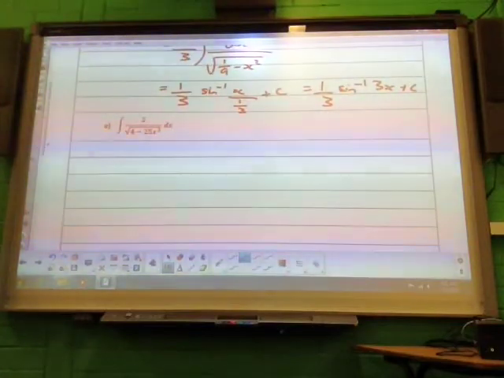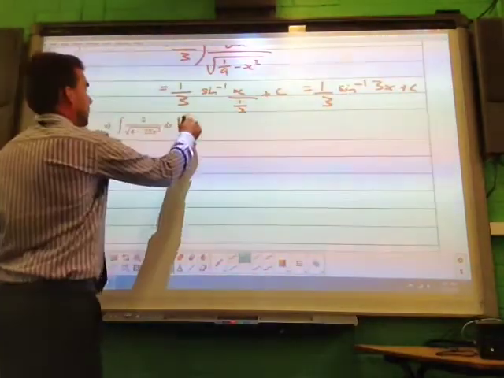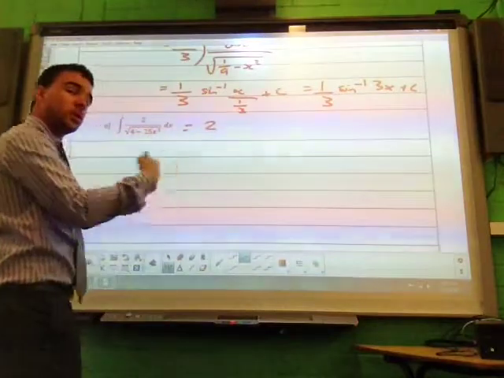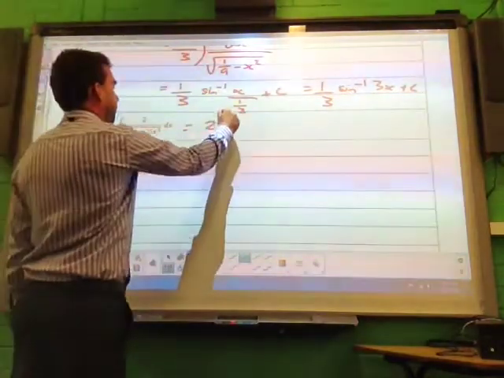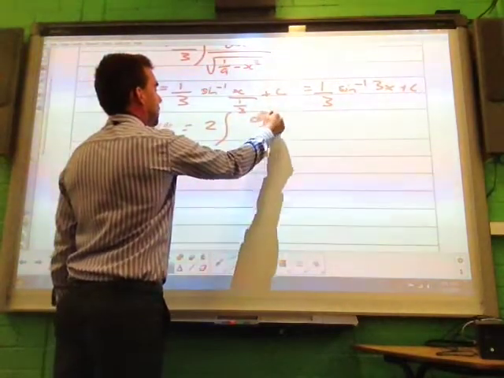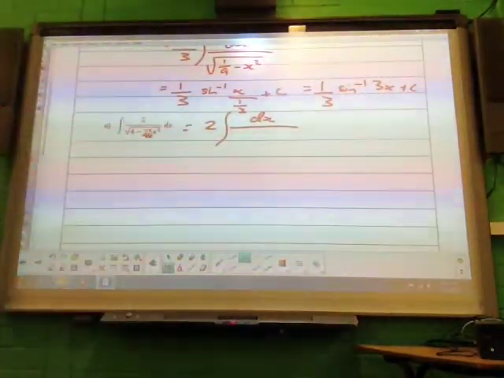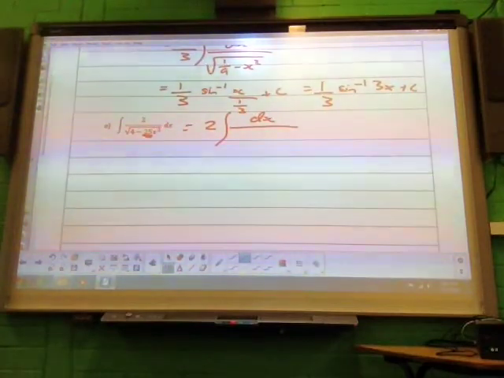Right, e. I've got the square root, so I'm looking at either my sine or cos inverse when I integrate. I've got a 2 on top, I really need a 1, so I'm going to start manipulating it. I'm going to take the 2 out the very front of the integrand. So then I'm left with dx over, and remember this constant needs to be 1 out in the front of x squared. So you have to factorise.